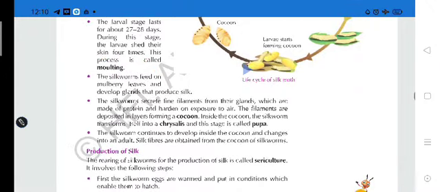Now the silkworm feeds on the mulberry leaves and develops glands that produce the silk. There should be a production of silk, and that silk will be produced in its body from some special glands.